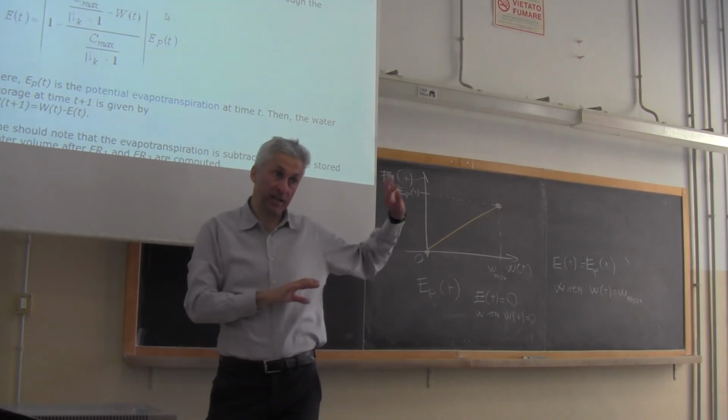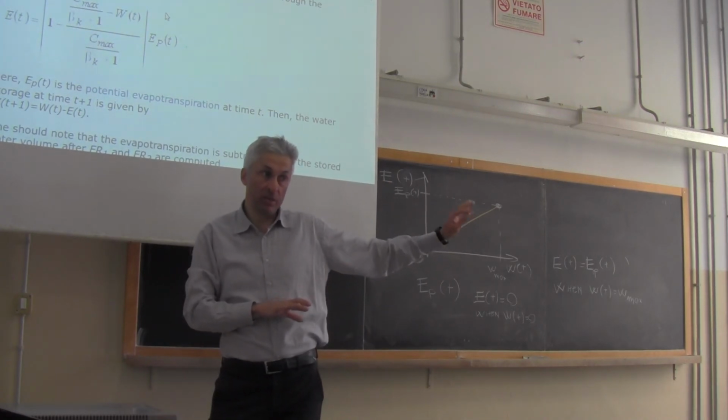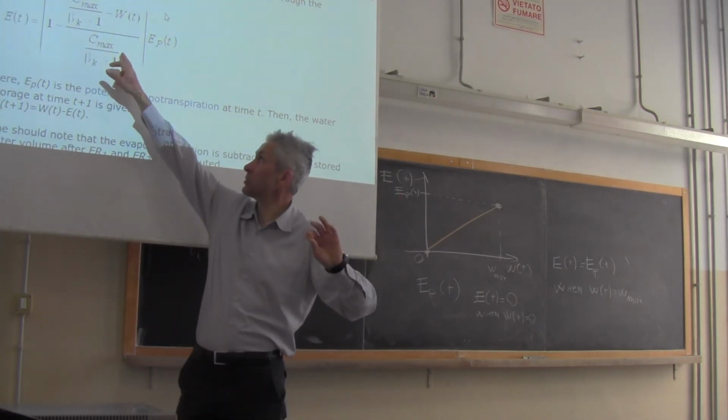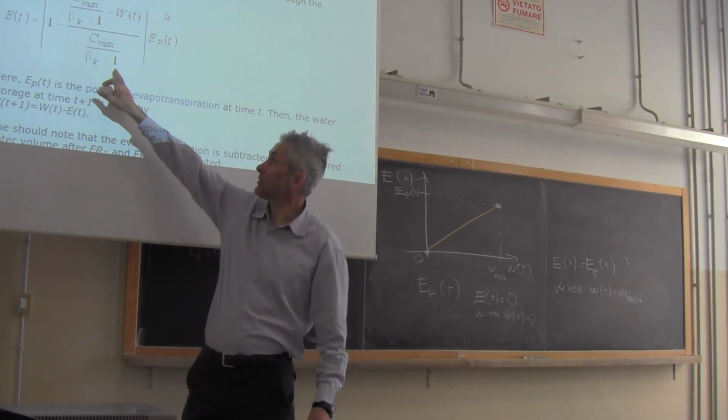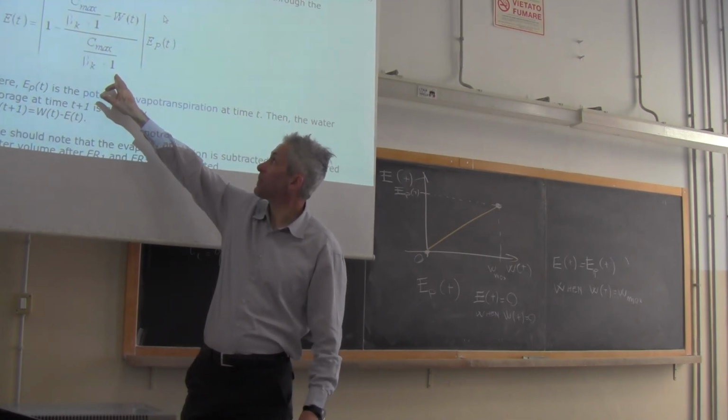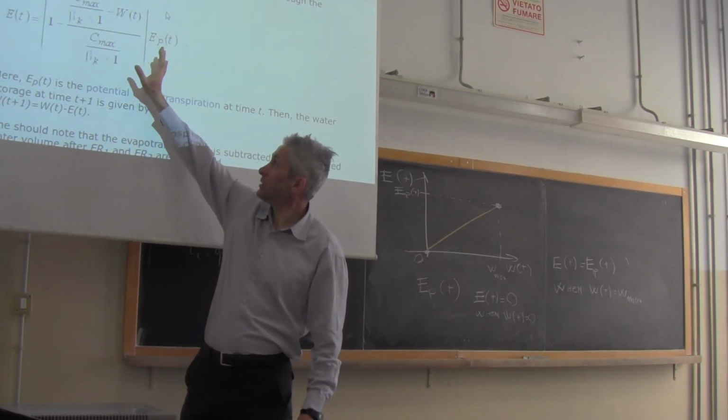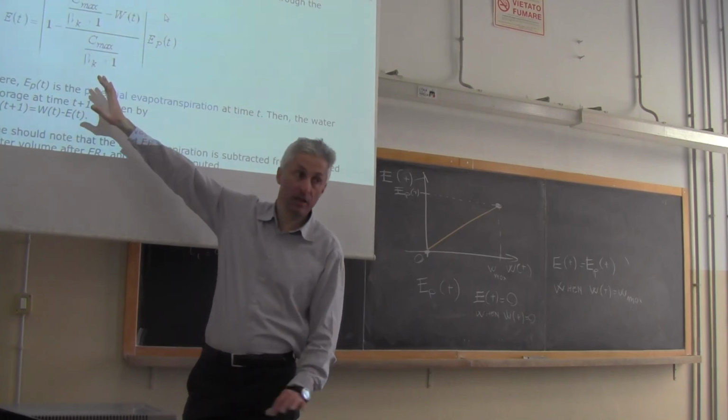As we already highlighted just half an hour ago, we said that W max is equal to C max divided by beta k plus 1. And this is nothing more than a linear relationship.